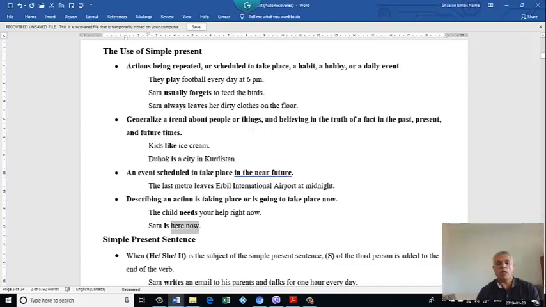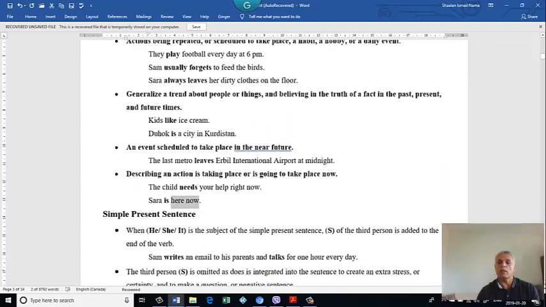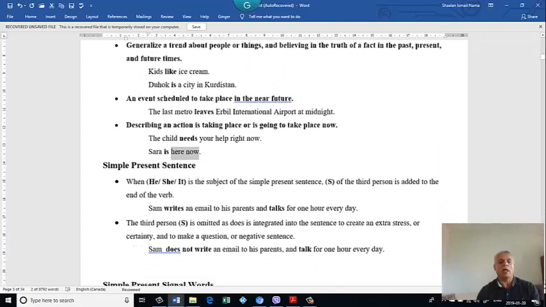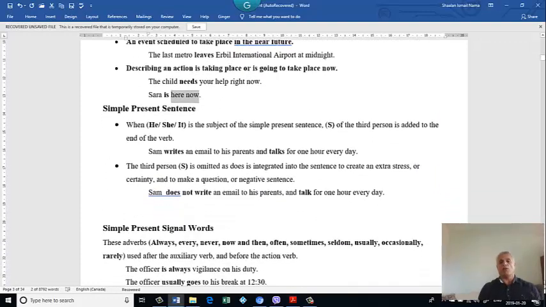How do we know how to make it? By adding s to the end of the main verb. When we have a sentence where the subject is he or she or it, we have to add the third person s to the end of the verb.